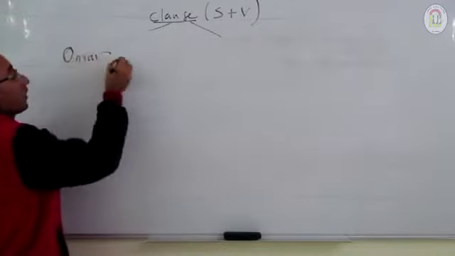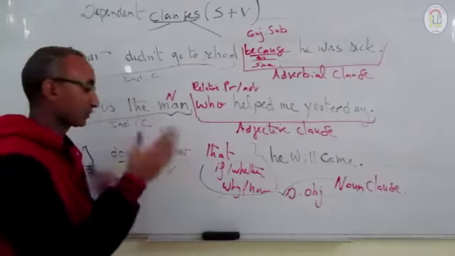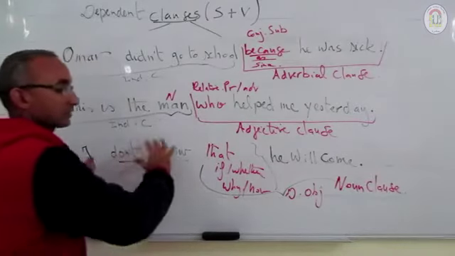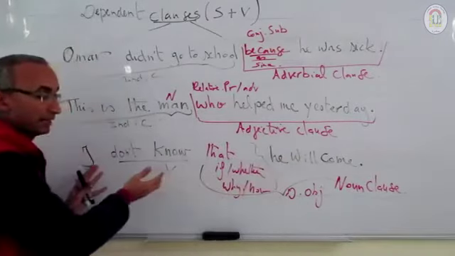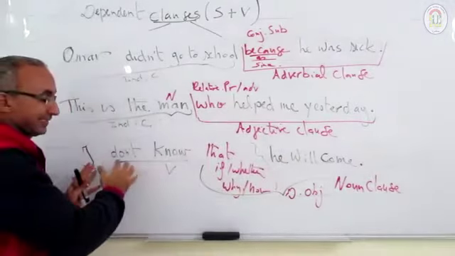Now here, of course, we said previously that the whole sentence, subject, verb, direct object, is considered as my independent clause. And this one, in particular, is my dependent clause, which acts as direct object. So it is a noun clause, which starts with one of these markers.